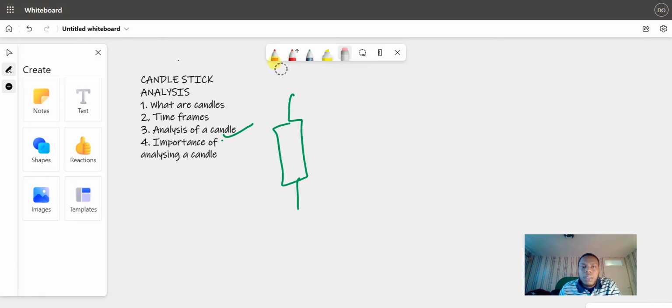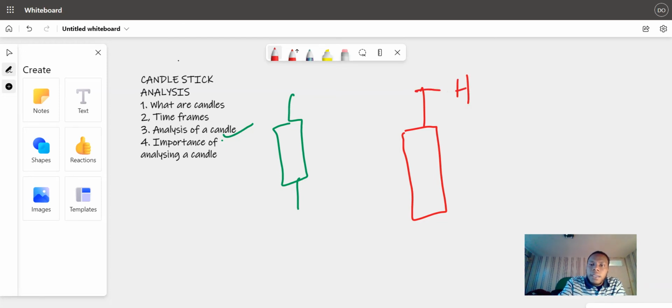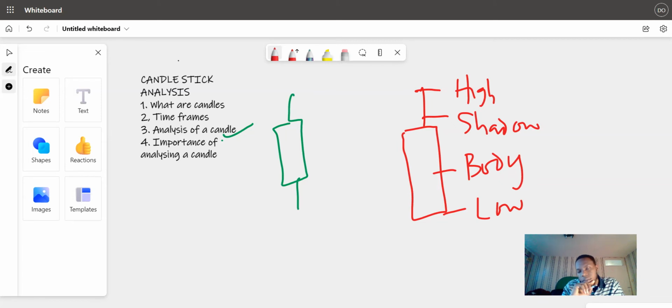Okay, this is what I want to draw. So this is called high, and this is called shadow. This is called body. This is called low. I want you to get this.